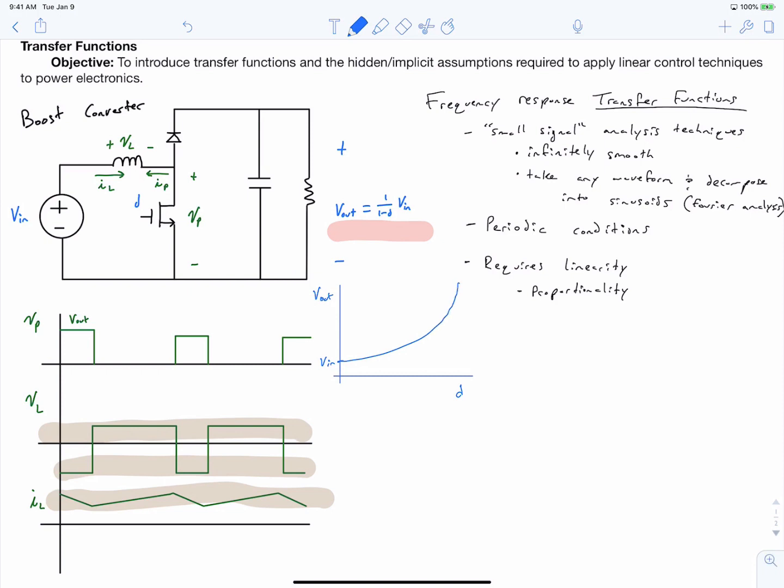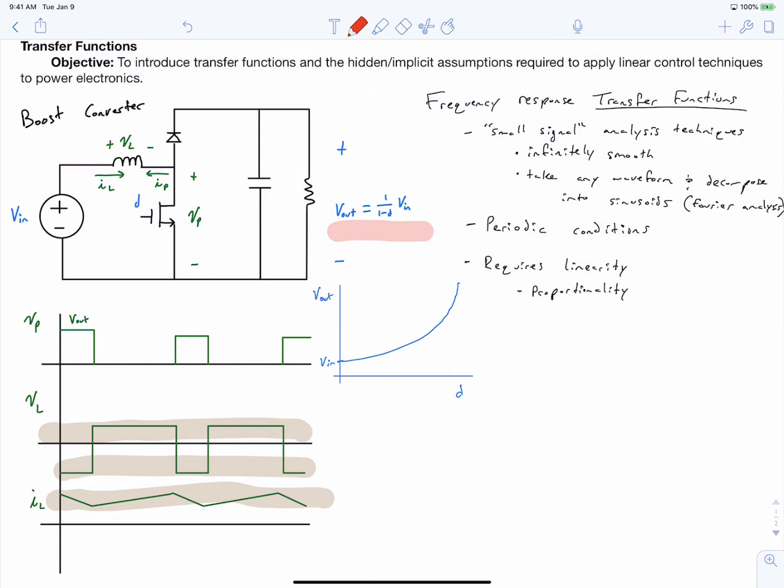So what to do here? We have a system that is nonlinear between the critical input of the system, which is our duty ratio, and the output of our system. Yet our control framework that we're going to be using requires a linear system. The answer is that we linearize the system. We realize that we're going to nominally be operating our boost converter about a certain operating point.